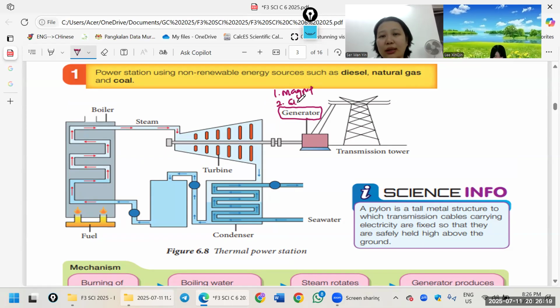Normally we say wire coil because one wire not strong enough. We say the coil. Sometimes we also say the wire coil as solenoid.